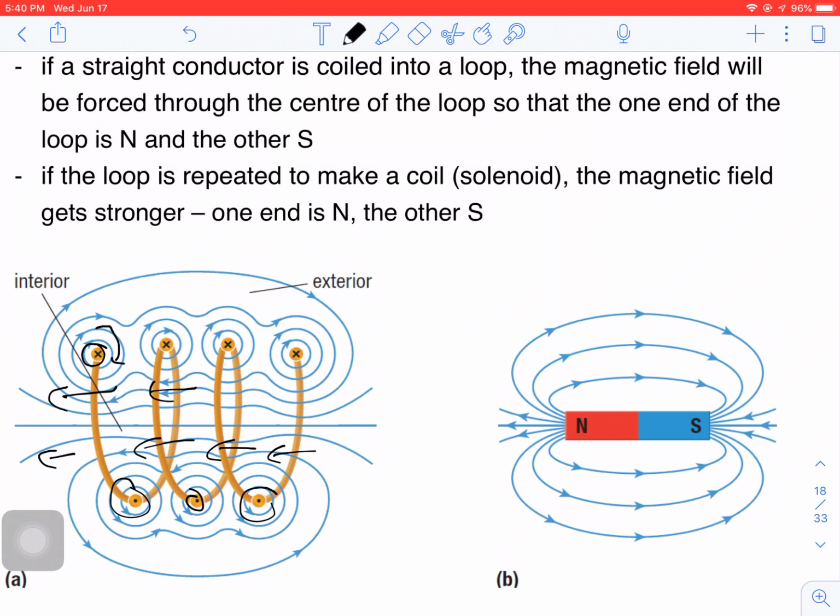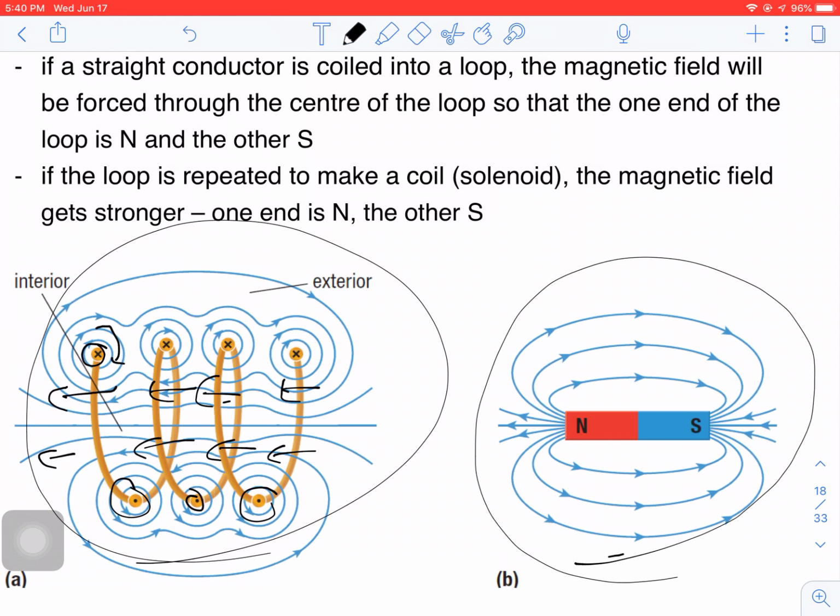And the second one does the same thing, and the third one does the same thing, and the fourth one does the same thing. And ultimately what I end up doing is I create the equivalent of a bar magnet, right? This, with the electrons moving through it, is the same as this. The nice thing is I can turn this one on and off.